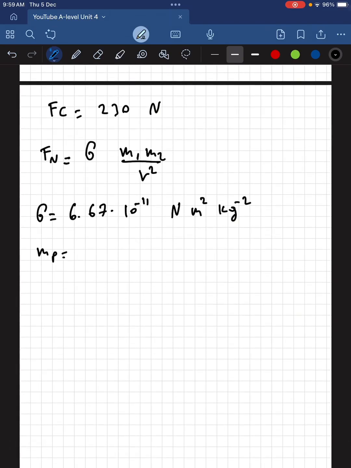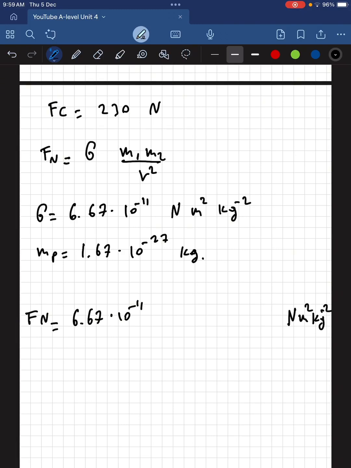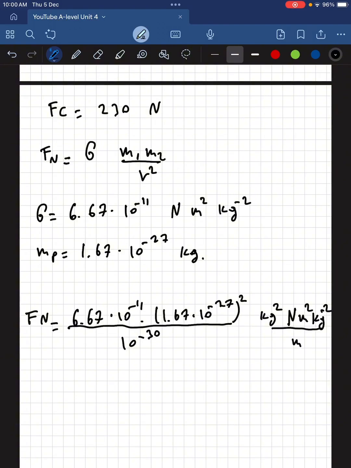So the mass of one proton is 1.67 times 10 to the negative 27 kilograms. So Fn is G, it's 6.67 times 10 to the negative 11, and then I put my units to the right, times the mass of the proton, 1.67 times 10 to the negative 27 squared, kilograms squared, and then I divide the units as well, over 10 to the negative 30 meter squared because the separation is the same.